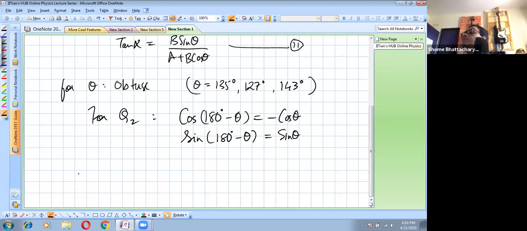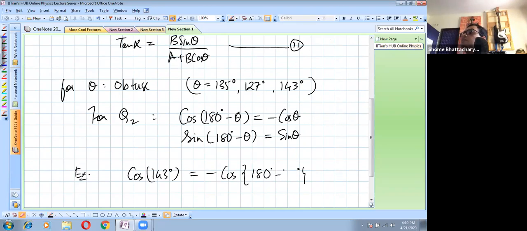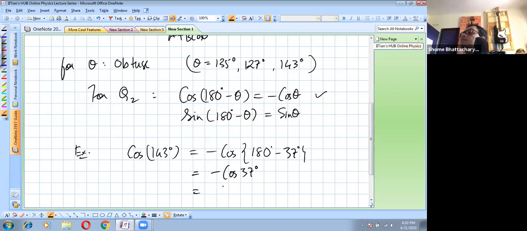In other words, for example, if we want to find out cos of 143 degrees, we will see that it is minus of cos of 180 minus 143, which is minus 37 degrees. So by this formula, it will become minus cos 37 degrees, and therefore it will become minus of 4 by 5, which you might be familiar with by now, solving these types of questions. So this was one very important aspect.